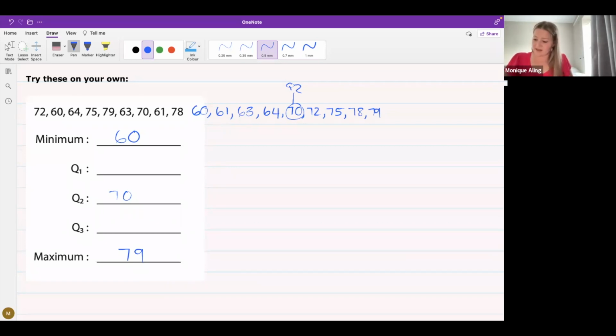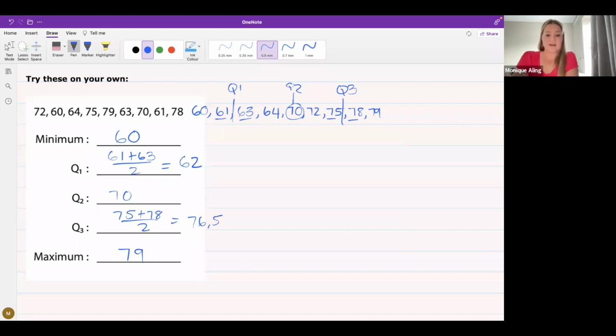Quartile 1 is in between 61 and 63. So 61 plus 63 over 2 gives you 62. And then we have another half with two numbers in the middle, 75 and 78 over 2, which gives you 76,5. Okay.